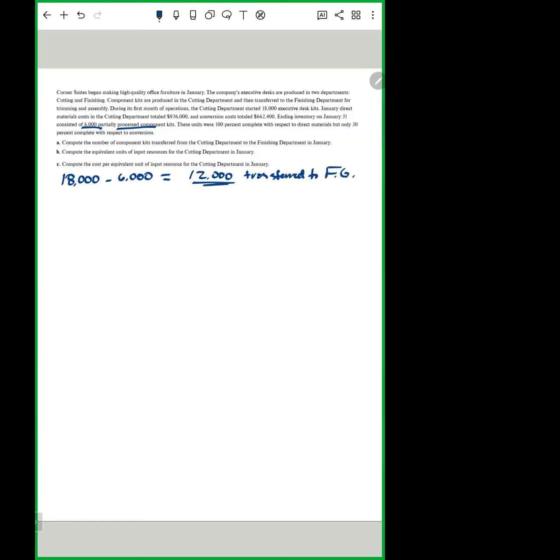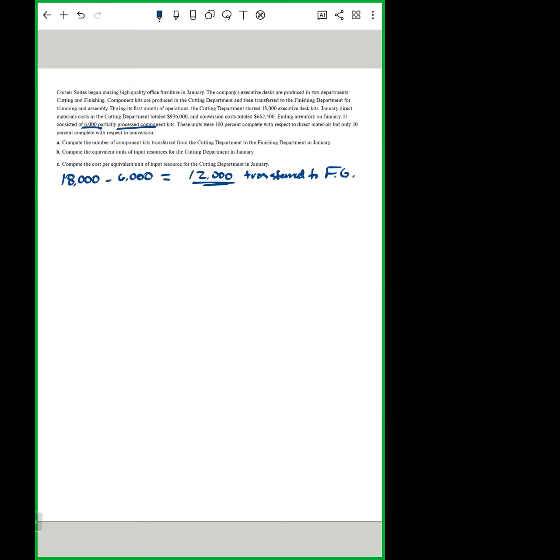The next question is, compute the equivalent units of input resources for the cutting department in January. All right. So the cutting department has direct materials and conversion cost.